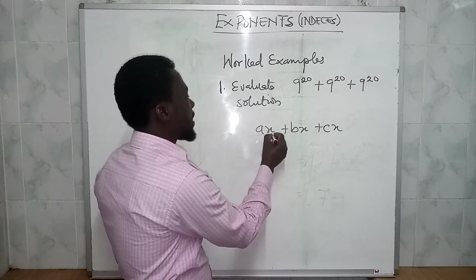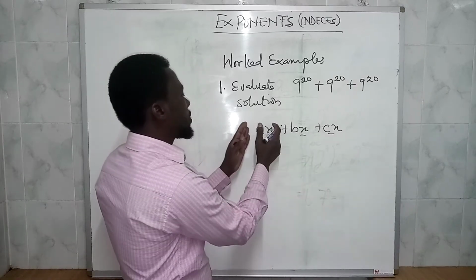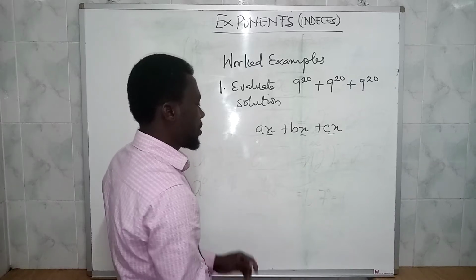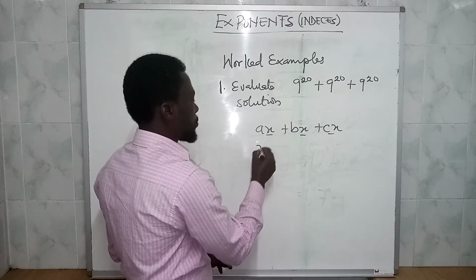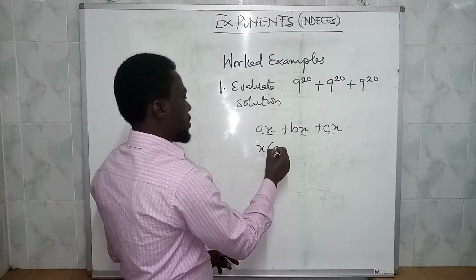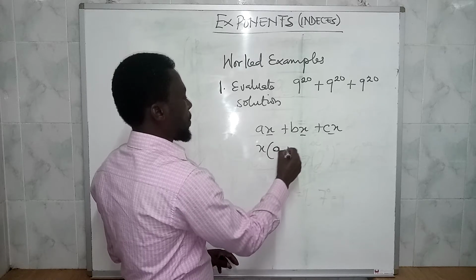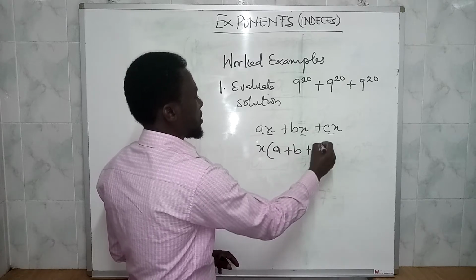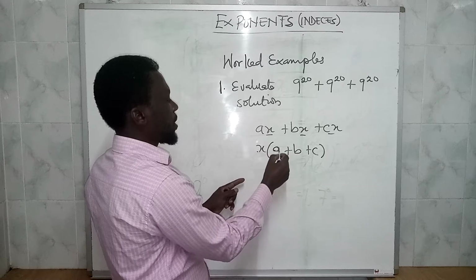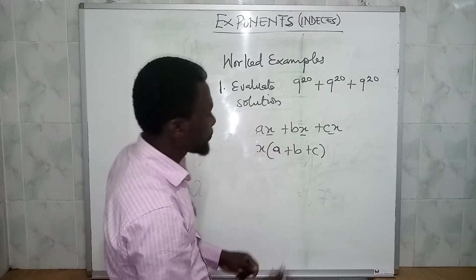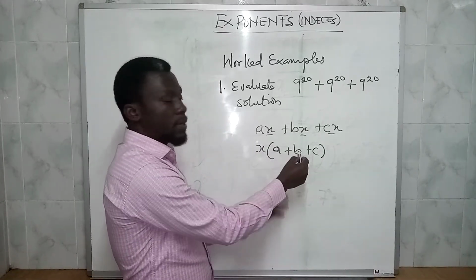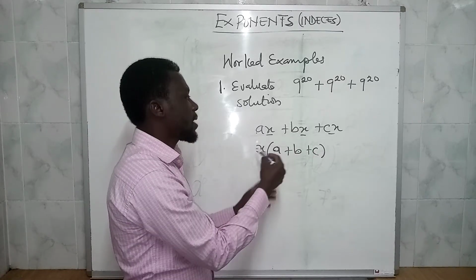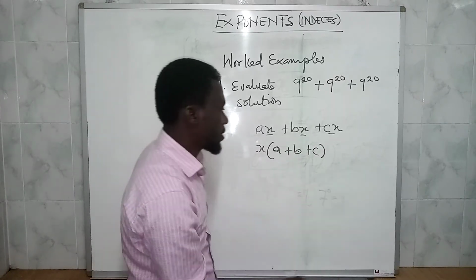You can see that x is common to all these 3 terms. So we shall factor x out: x times a plus b plus c. So that x multiplies a, we have ax. x multiplied by b, we have bx, plus x multiplies c, we have cx. So that is it.